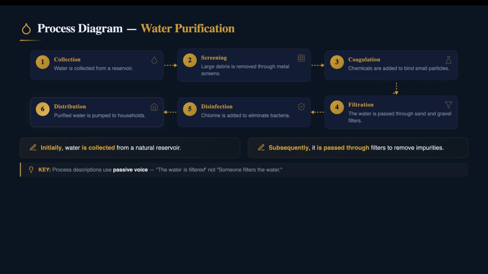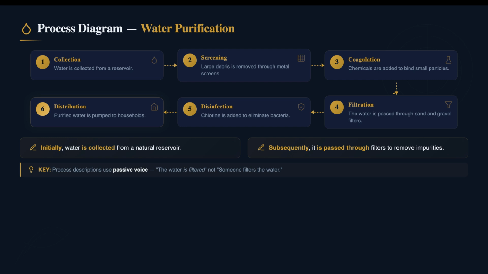So we can describe these stages using the vocabulary or lexical resources, the four groups that we talked about earlier, to describe these six stages. For example, we can say initially water is collected from a natural reservoir. You see, is collected is passive voice.